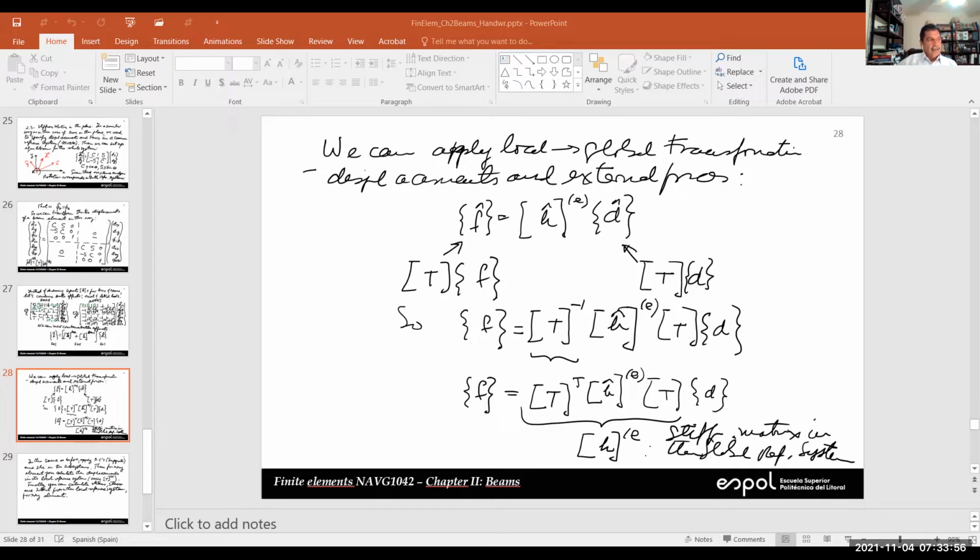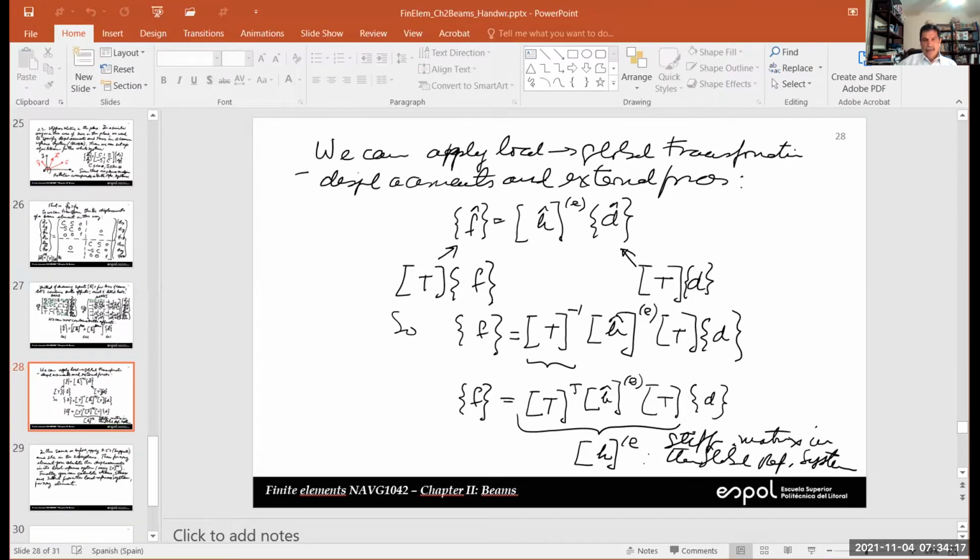So here, how many elements do we have in the T matrix? Somebody, what's the size of this matrix, this T transpose? Anybody? This T transpose, please, anybody? No, it's a 6x6, okay?